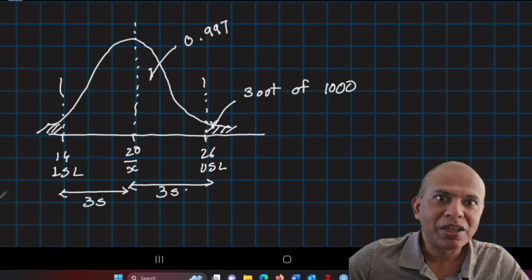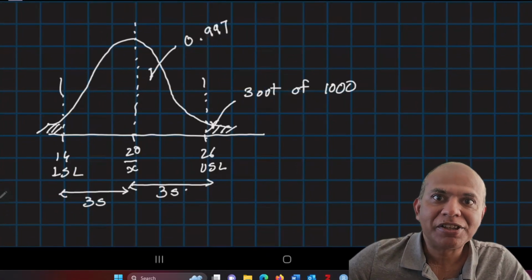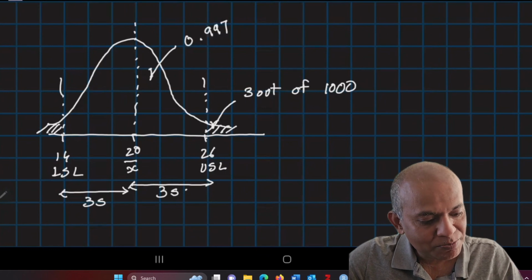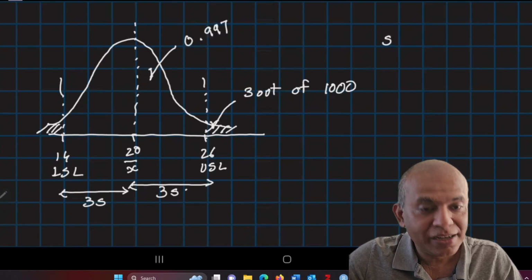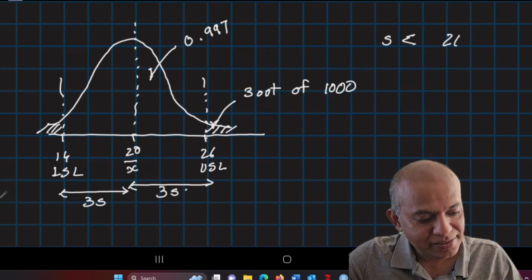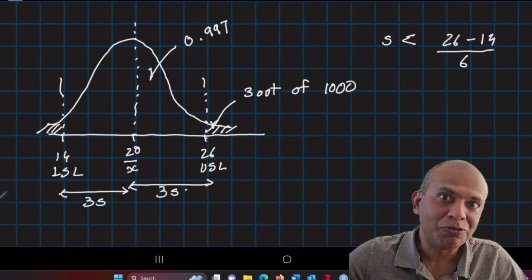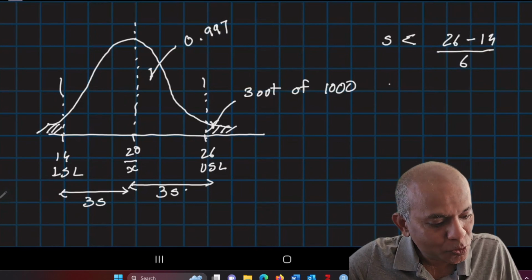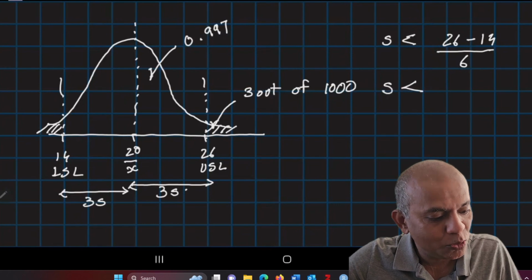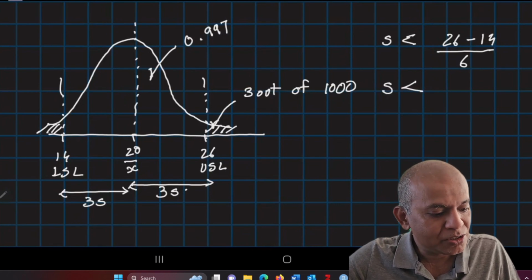And if I have to give you the value of the standard deviation that we should have, we can do some standard mathematics. The standard deviation should be lower than 26 minus 14 divided by 6, because we need to fit 6 standard deviations. Or the standard deviation should be lower than 26 minus 14, which is 12, divided by 6.